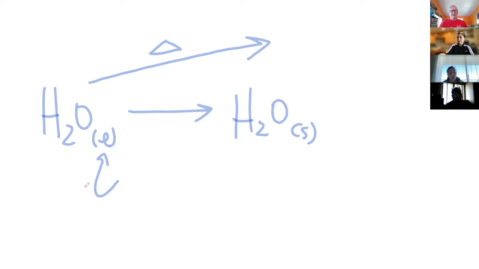But what if we add heat back? What do we get? It would become a gas. Does it stay H2O? I agree. A gas is the product, or at least one gas is the product, but does it stay H2O?